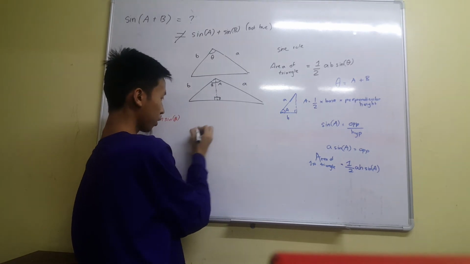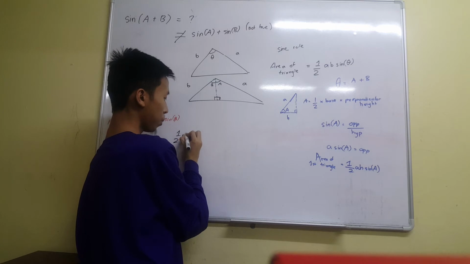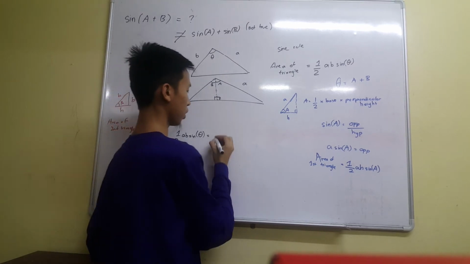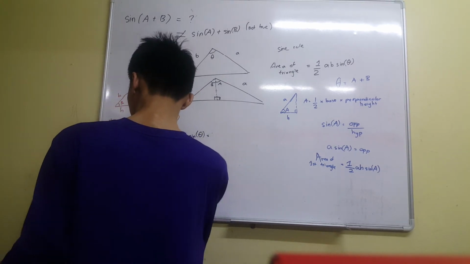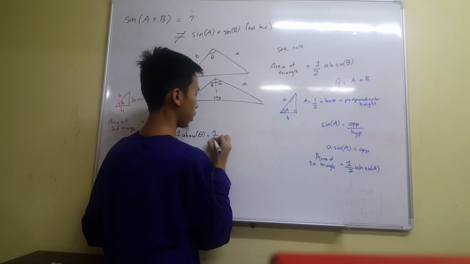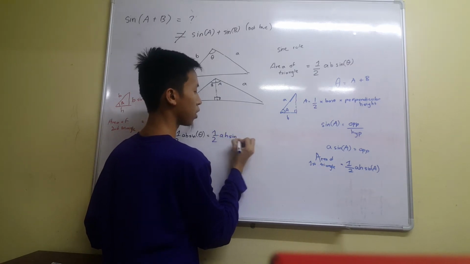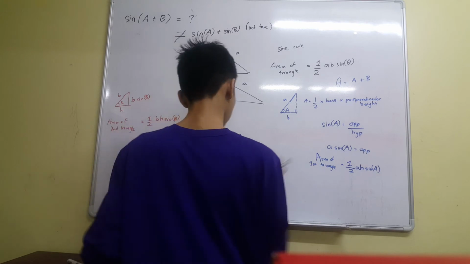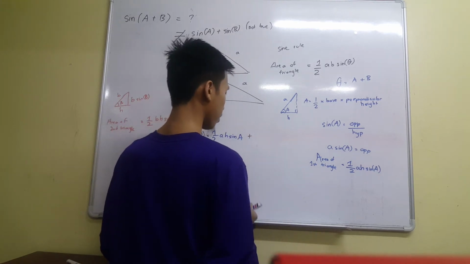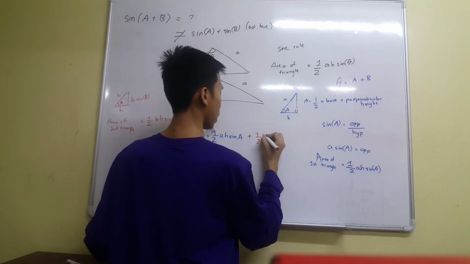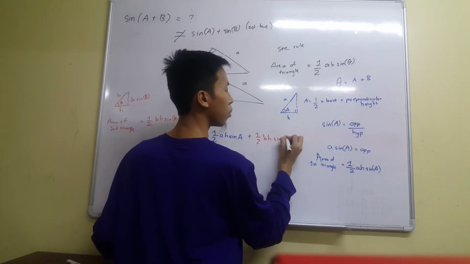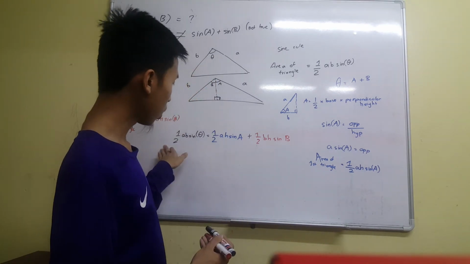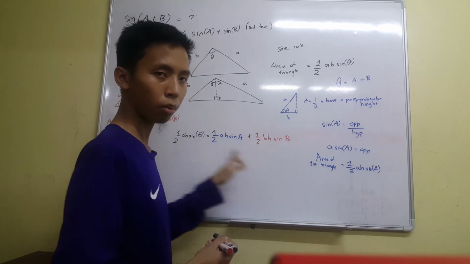Now I must write that 1/2 AB sine theta must equal the sum of these two triangles: 1/2 AH sine A plus 1/2 BH sine B. Obviously we can cancel out the half and half because they have a common factor.